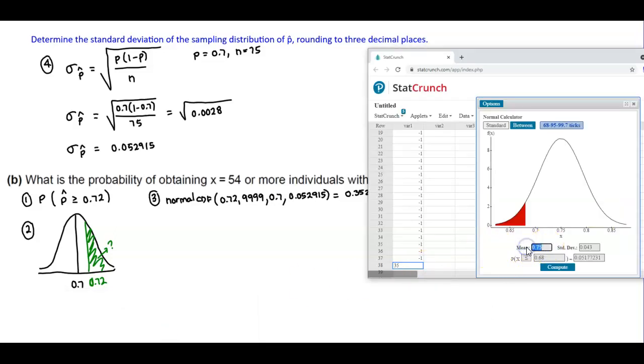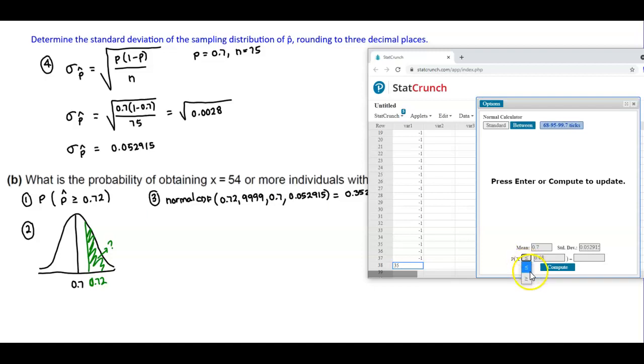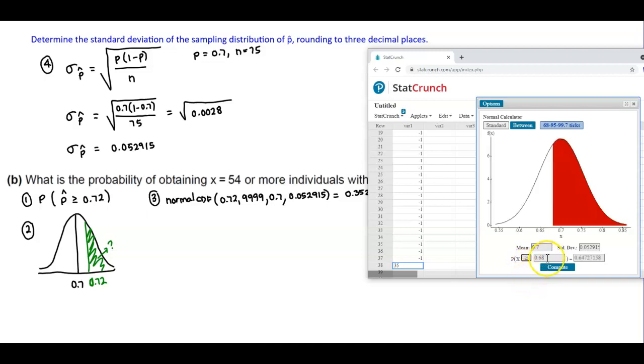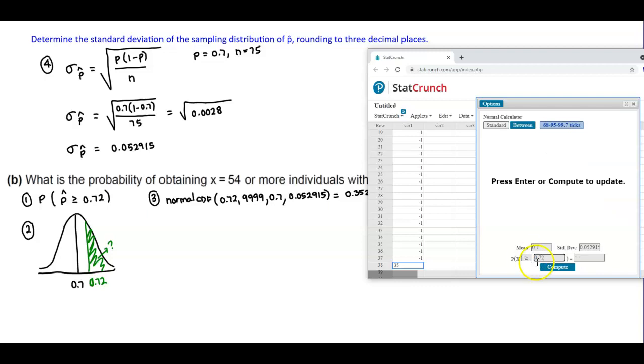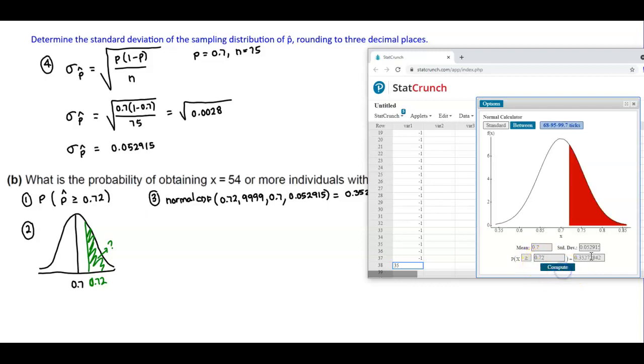Now, if we wanted to do this in StatCrunch using the normal calculator, we know that our mean is 0.7, our standard deviation is 0.052915, and we wanted to find the value when it's greater than 0.72. When we compute, we get the same area as we got on our calculator.